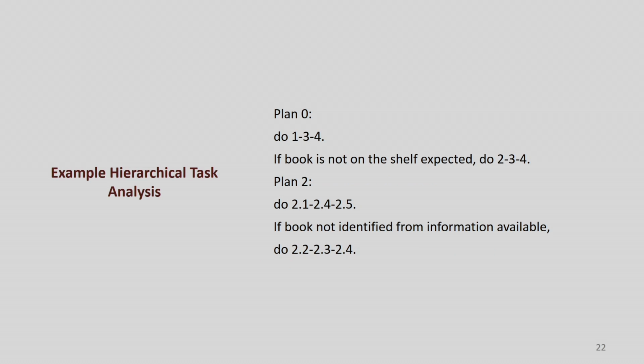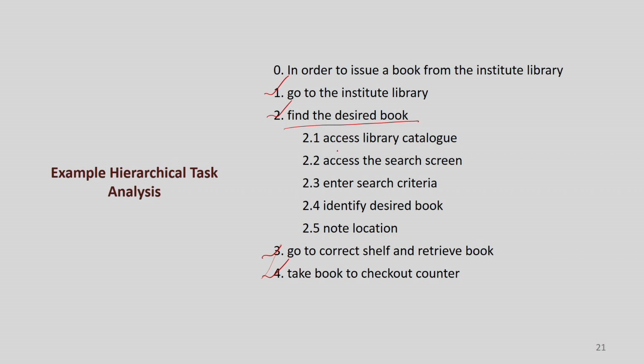I will do 2, 3 and 4. And in plan 2, I will do 2.1, 2.4 and 2.5. So, access the library catalog, identify the desired book and note the location. Once I note the location, I will go to the correct shelf and get that book.